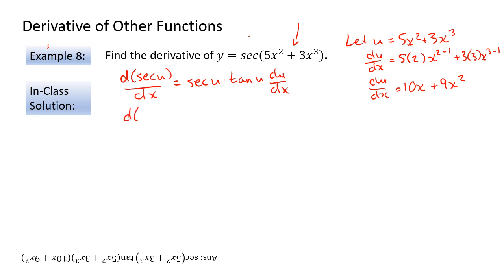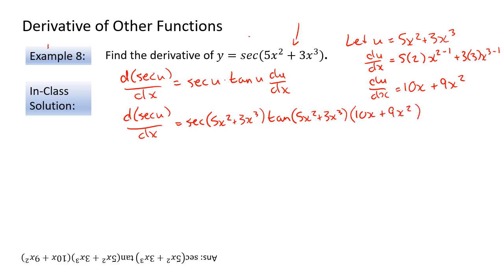So the derivative of secant with respect to x is equal to the secant of u, 5x squared plus 3x cubed, times the tangent of u, 5x squared plus 3x cubed, times du by dx, which we already calculated, 10x plus 9x squared.